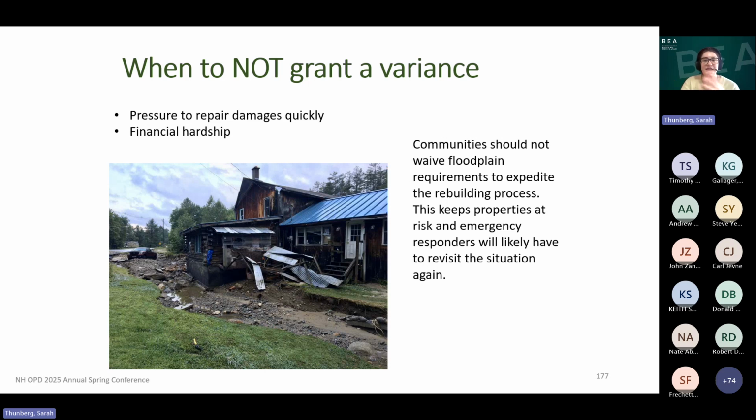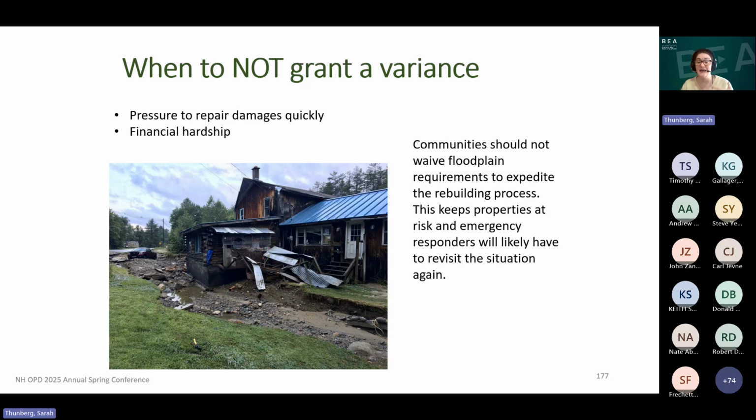So this substantial damage determination can take a long time, and there have been times where the pressure from communities or pressure from residents, also just the financial hardship of doing it, can lead communities to want to grant a variance for the requirement for a substantial damage determination, or the requirement to elevate to the current floodplain regulations.